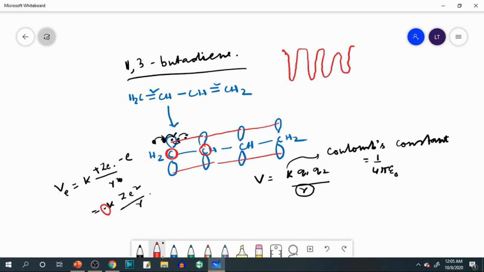Now if you just consider one particular carbon atom and its nucleus and the electron, the situation will be something like this. Now if we simplify or extend this into a model, then we can draw the model like this.